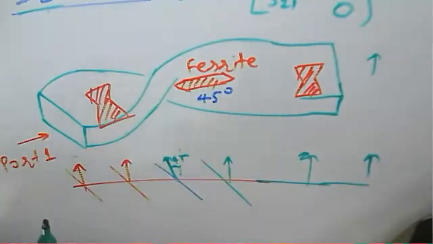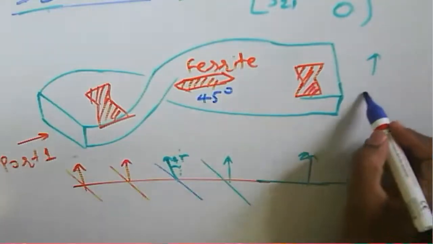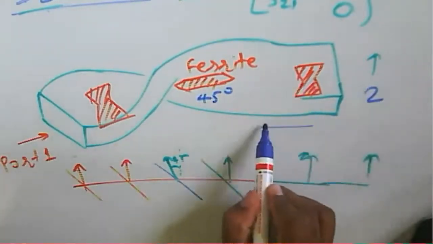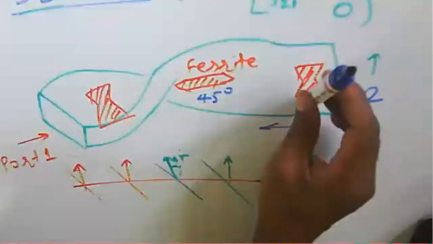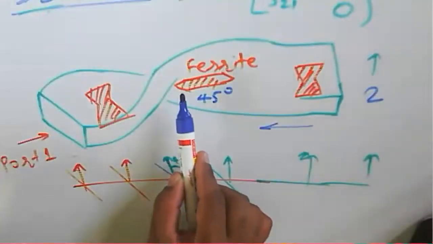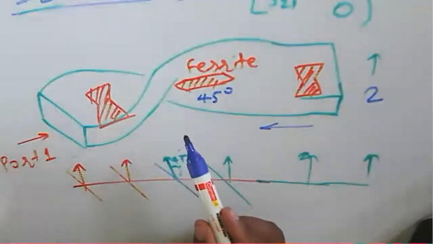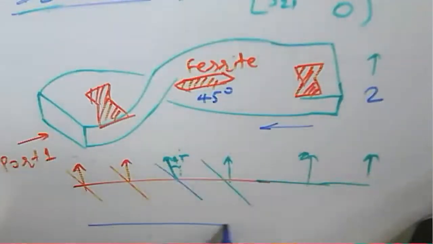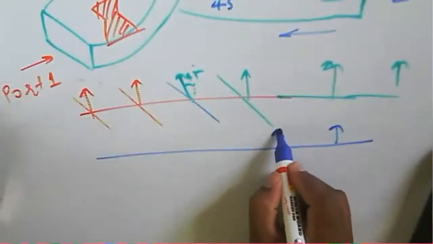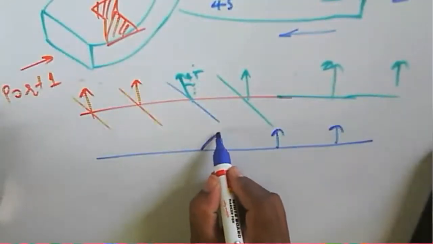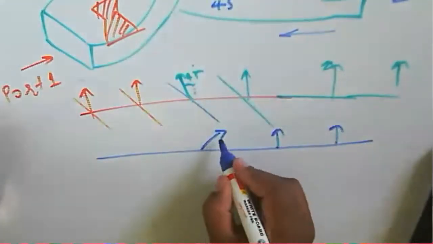But if you consider it another way, if we provide the input to port 2, the signal will be perpendicular initially, then it will be twisted 45 degrees by the ferrite rod.